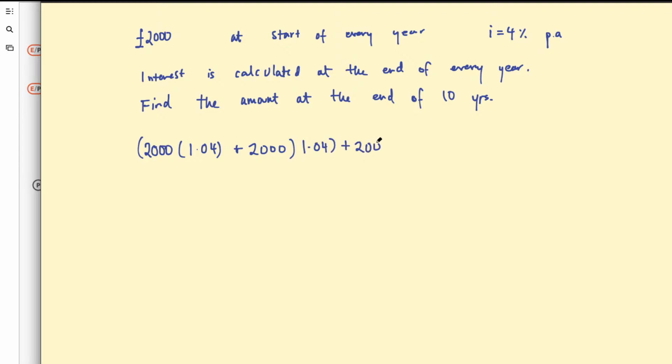Then he invests another 2,000, and that whole thing earns interest of 4%.